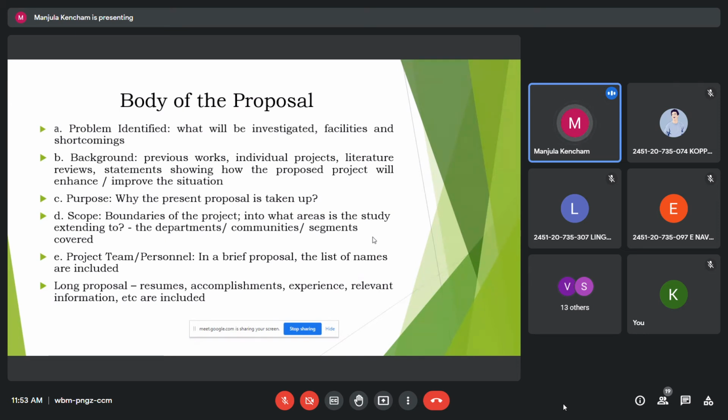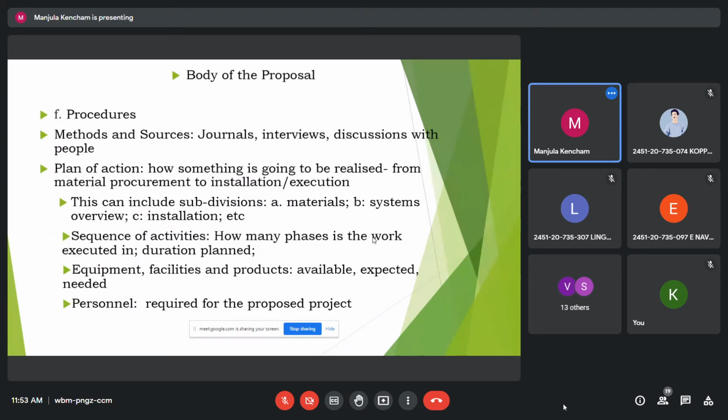The background that has helped you identify the problem, the purpose why you have undertaken to write the proposal, the boundaries or limitations you are setting when you are dealing with this proposal, who are the members of the team or the personnel with their experience, with their details or designations, whoever is going to be a part of this proposal, and what are the procedures you are going to adopt to complete the proposal, the methods and sources, the plan of action.